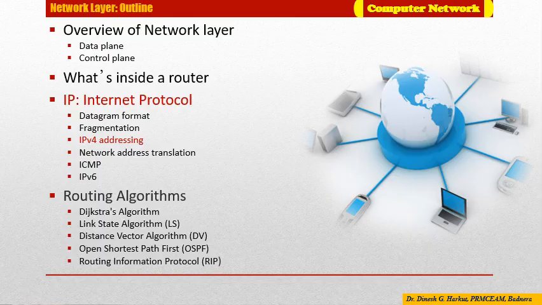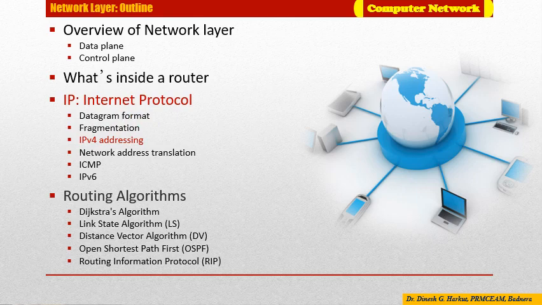In our earlier 8 video parts based on network layer, we have already covered the basics of internet network layer, data plane and control plane, the architecture of router and various switching mechanism. We have already covered IP protocol, datagram format of IP protocol and fragmentation and reassembling mechanism.